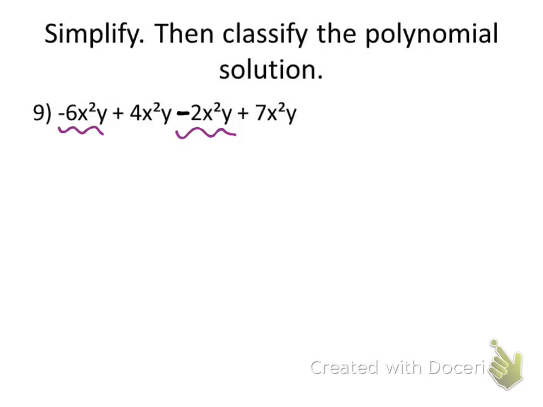Okay, anything else? Is there any other place you see x squared y? The 7. The 7. All of it. Yes, these are all like terms. And there's a lot going on up there. But what we actually have to do is just the coefficients for now.